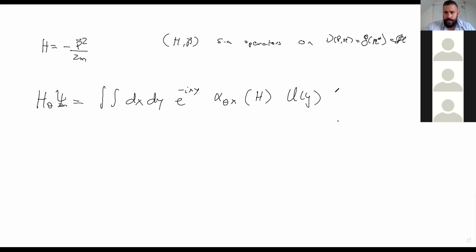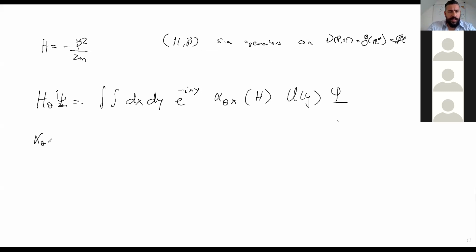Because these are all operators, and these are oscillatory integrals on operators, you have to take care of the domain and so on. But I will skip that part. I will put some references in if you want to see the functional analysis done there.